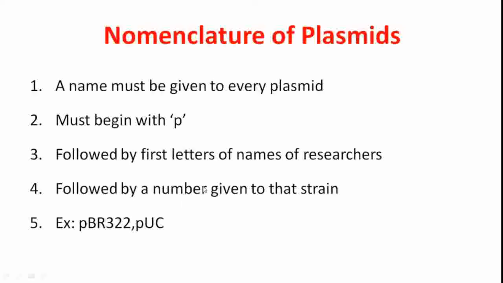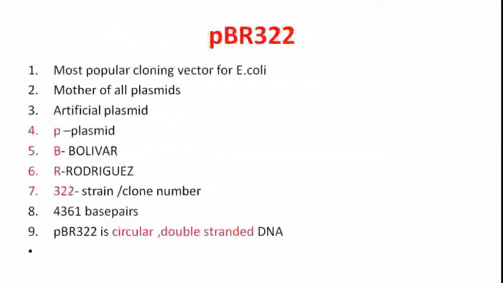This number is given by the researcher or according to the number in the laboratory. So the first letter is always a small p, the second and third letters are the first letters of the names of the researchers who invented this plasmid, followed by a number given by the researcher.